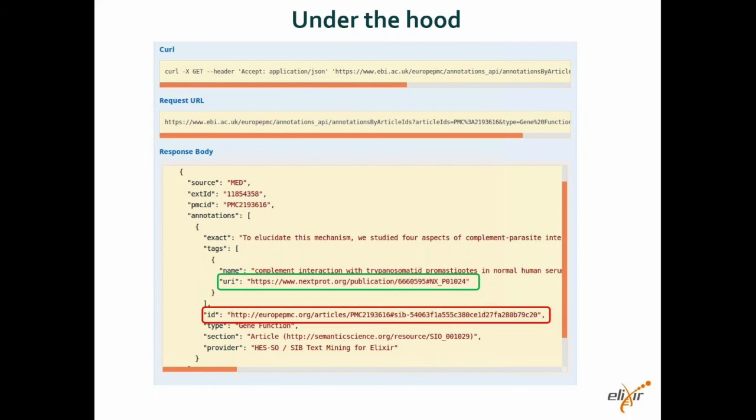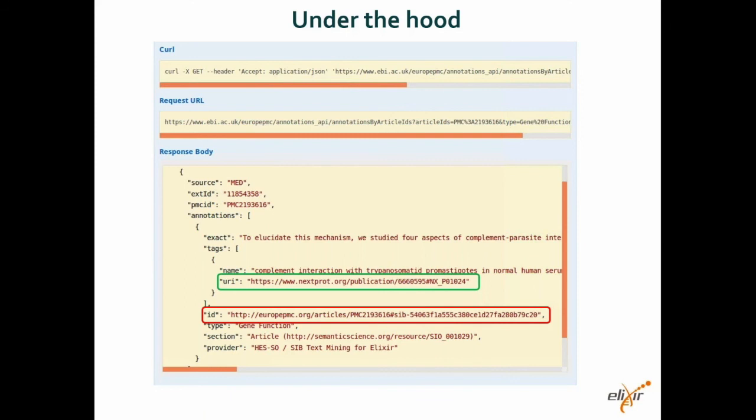We have implemented this mechanism across all annotations. So any developer or anybody who wants to use these annotations and show the veracity of a specific annotation can use this URI to link to the specific sentence.